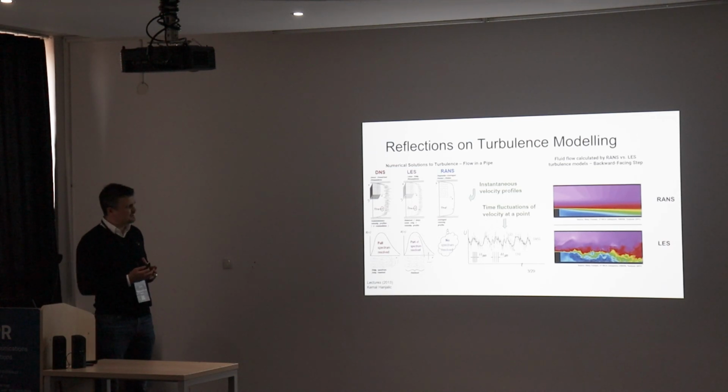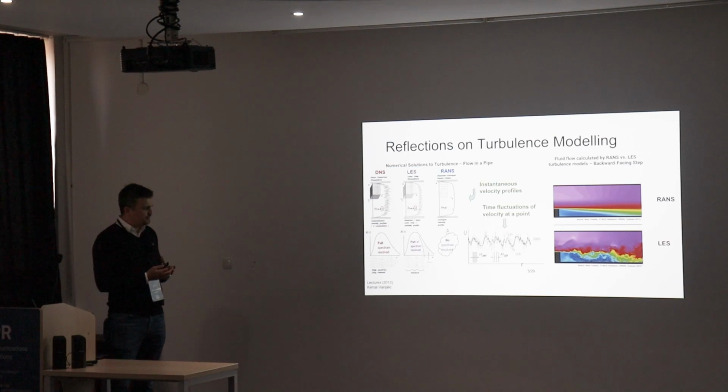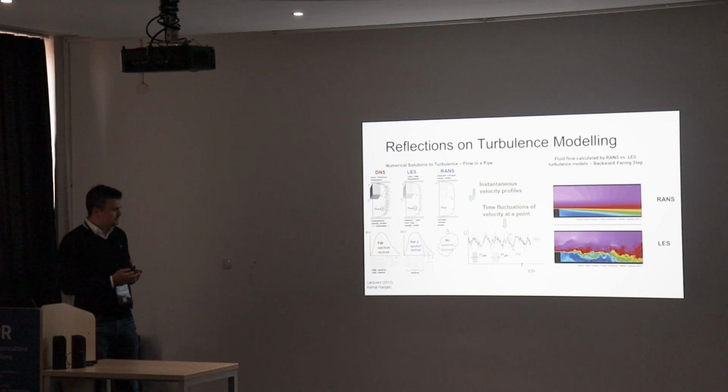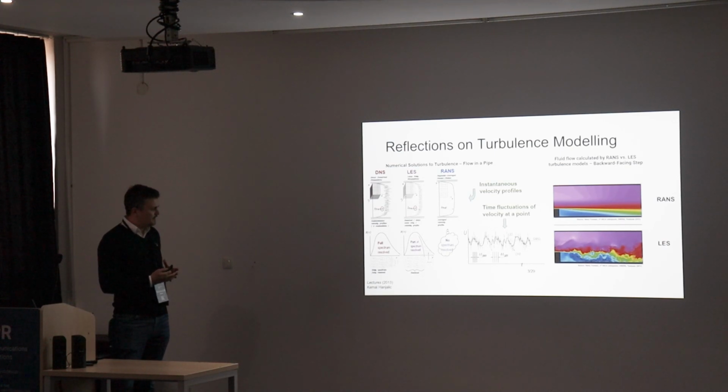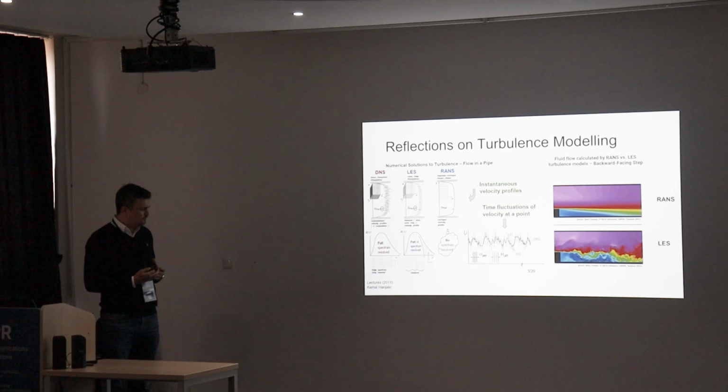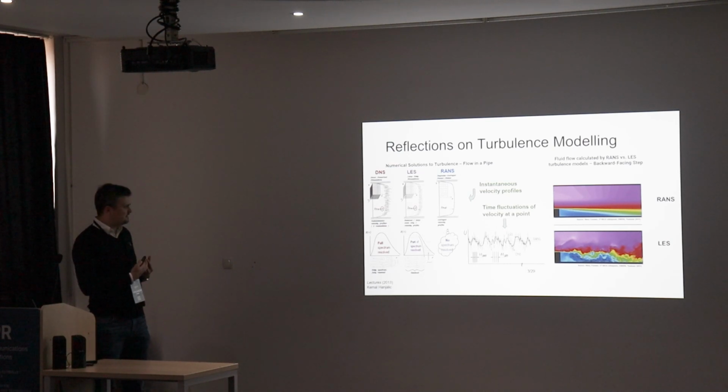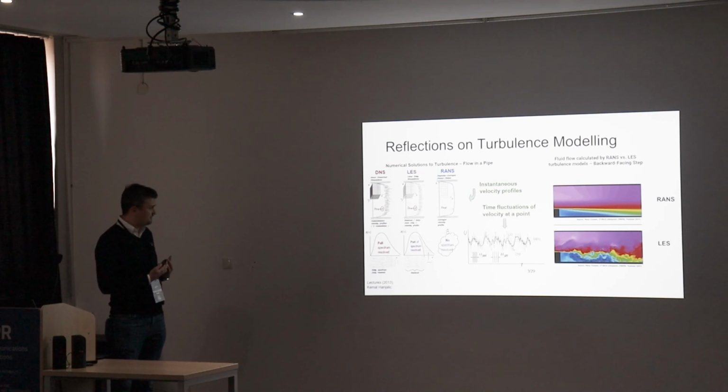For example, in RANS modeling, the whole turbulence spectrum is modeled. Then in LES, a minimum of 80% of this spectrum is resolved and a maximum of 20% is modeled. And in the DNS approach, the full energy spectrum is resolved.